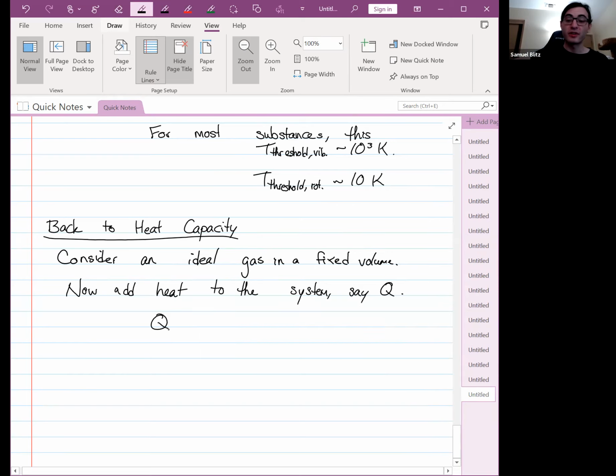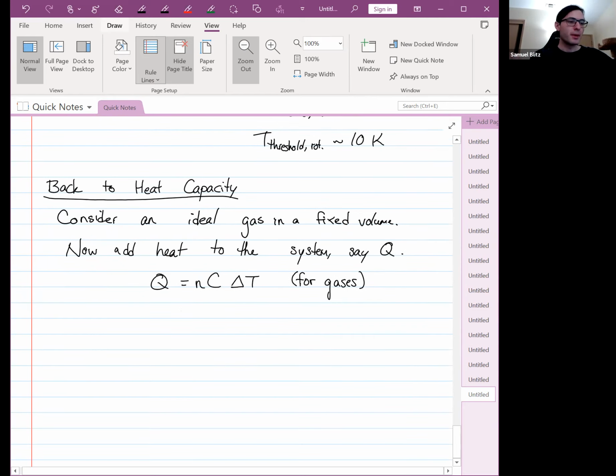Now, from the definition of heat capacity, Q is equal to n times C, this is the molar specific heat, or the molar heat capacity, or however you want to call it, times delta T. This is for gases, and we're using the molar one because we're talking about gases here. But if there's no work, as I already mentioned, then the only way that the energy can enter the system is through heat.